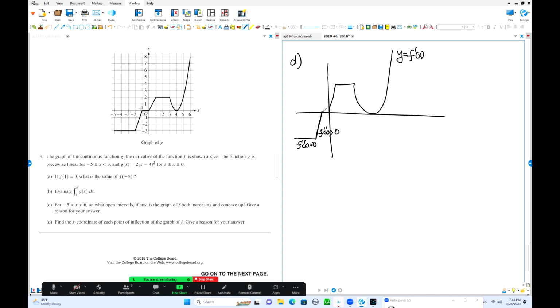But right up here it is 0 again. They do not change concavity, because concavity changes from plus to minus, not plus to 0. So this is not a point of inflection.